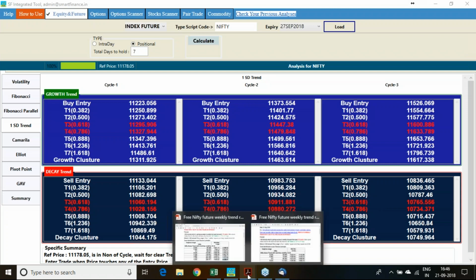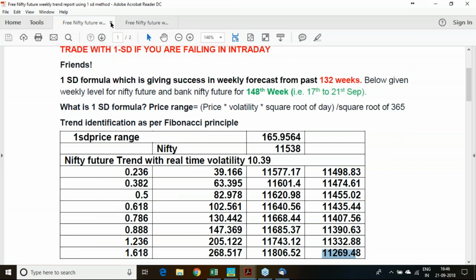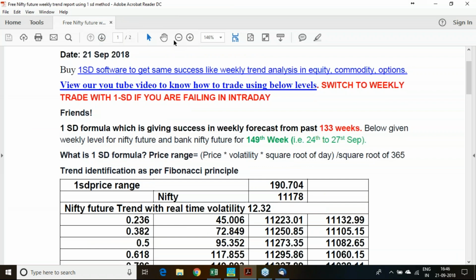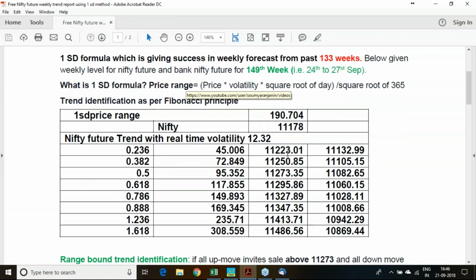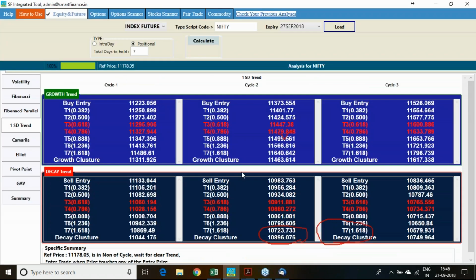And coming to the next week's level, this is the previous week's level, and for the next week the first cycle of trend is having a tendency till 11,487, downtrend till 10,869. Volatility has increased to a great extent. So this is for Nifty one cycle, but as per the software you will get 3 cycles.